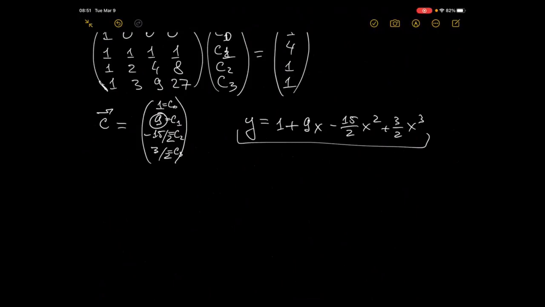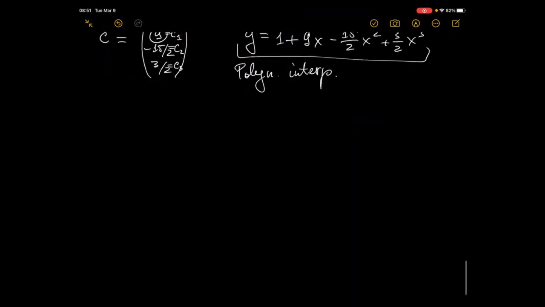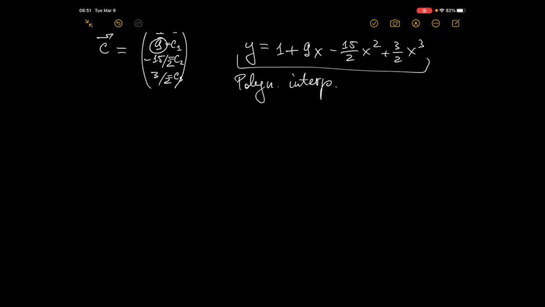So in general, this is a special case of so-called polynomial interpolation. What is interesting is that if you have n points, you can always use correspondingly the basis of monomials.